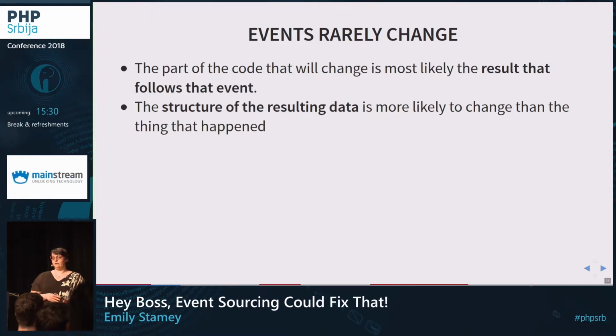But the behavior of our application, the way our users access it, and the type of information they want from our applications is likely to change. So using event sourcing helps you capture that history, but keep the rest of your application flexible for change in the future. You've still recorded that item in history, and you can always use it and access it, even though the way that you want to access it may change.